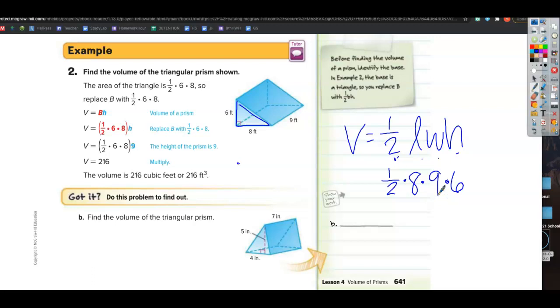We'd calculate 9 times 8 is, times 6 is, 432. And then what do I do with that if I didn't want to multiply? Good, I could just divide by 2. So what do you get for an answer? 216 feet cubed. There you go.